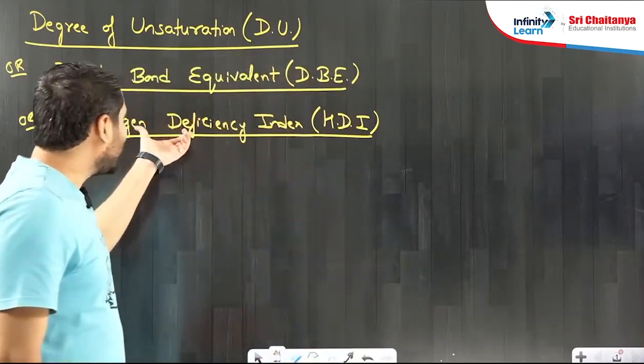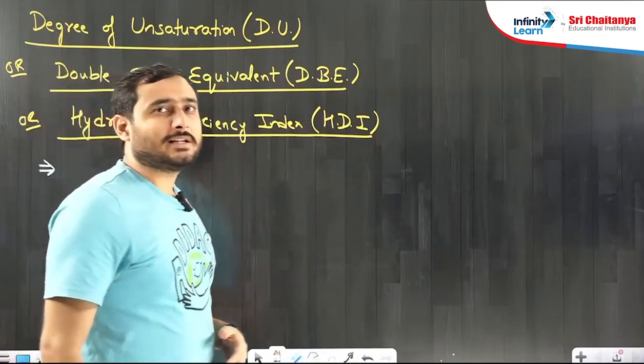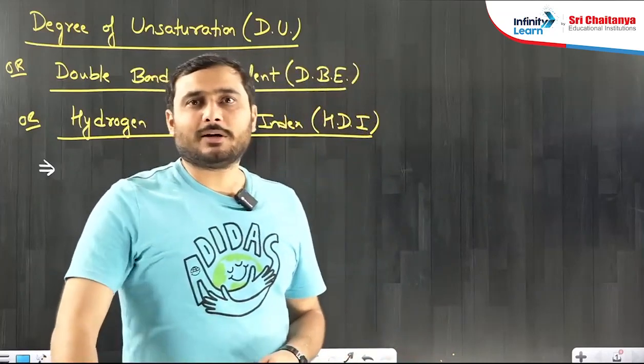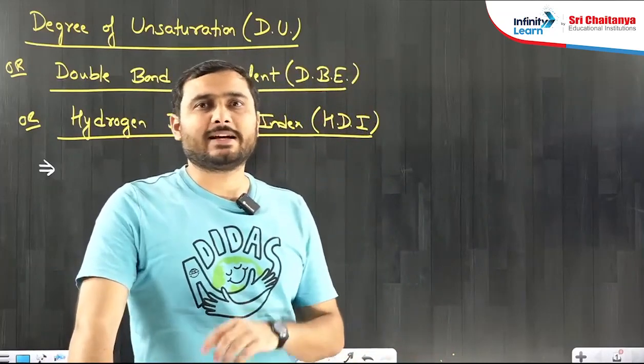So why is it called hydrogen deficiency index? Because it represents how many moles of hydrogen are deficient compared to the saturated compound or open chain compound.